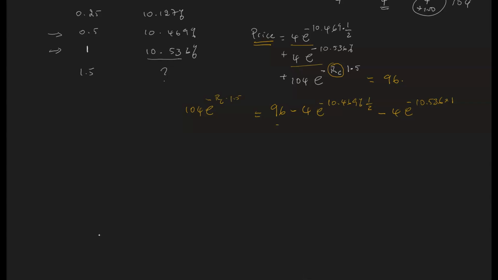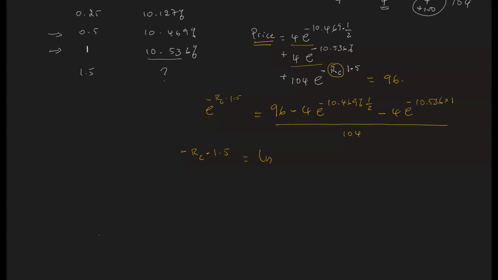And so if we divide both sides by 104, we're essentially going to get rid of this term here. And then we take the log of both sides. It's going to give us minus our realized compound yield multiplied by 1.5 is going to be equal to the log ratio.